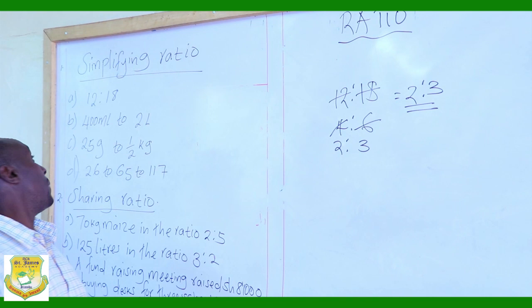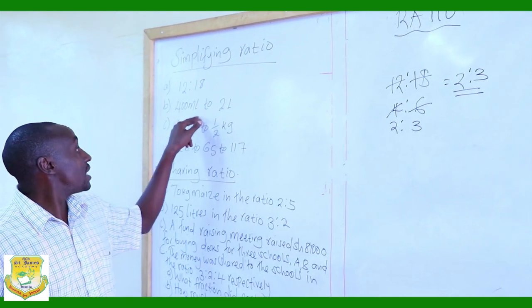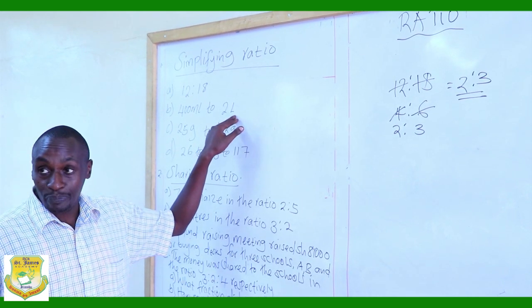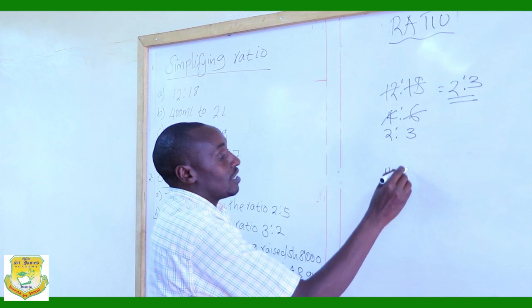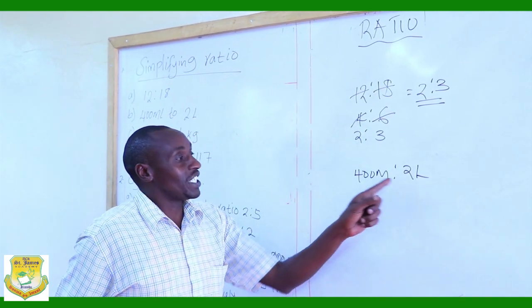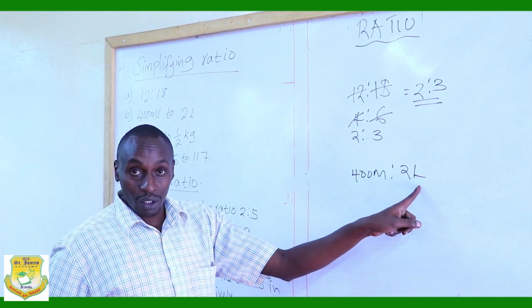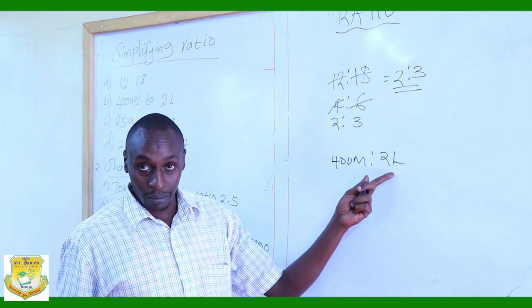We go to B, whereby we are given 400 ml to 2 liters. As you can see, 400 ml is to 2 liters. The units here are not the same. We normally change both of them to be the same.